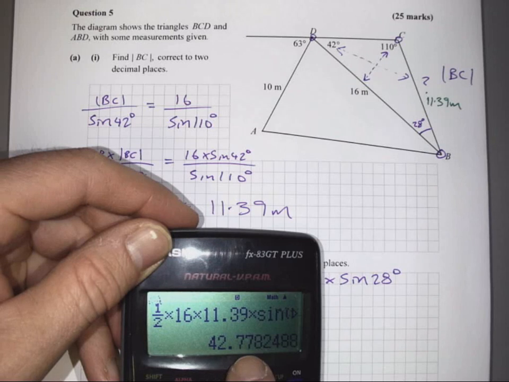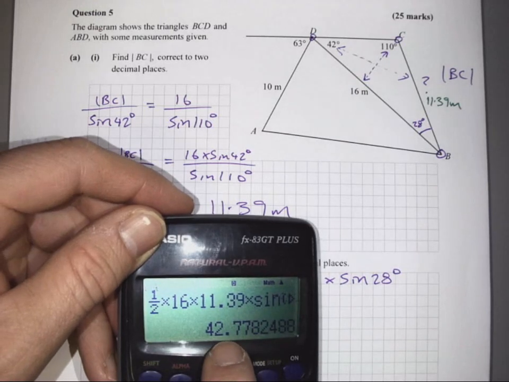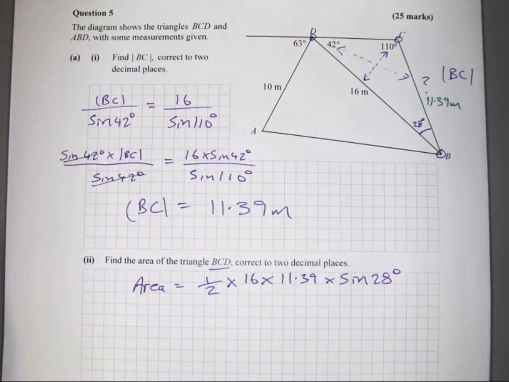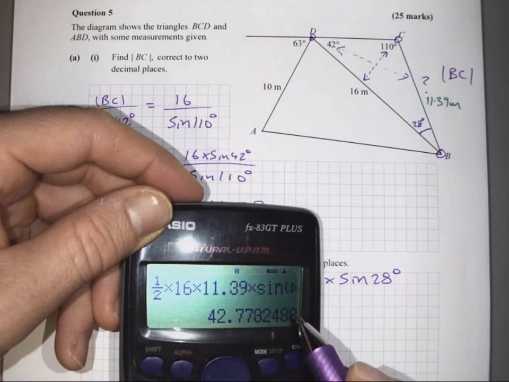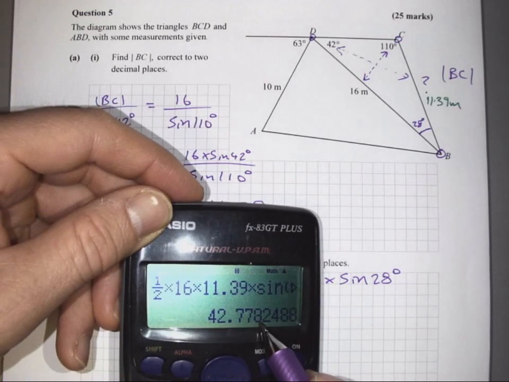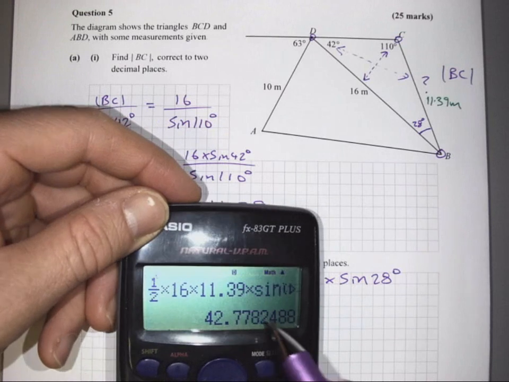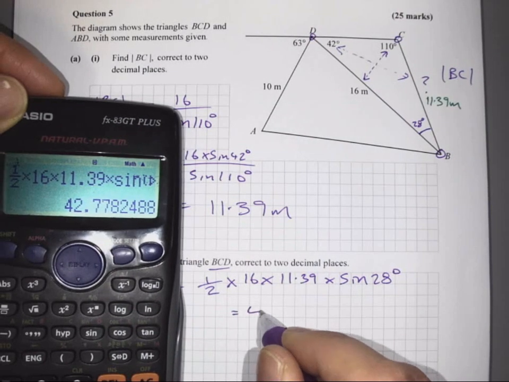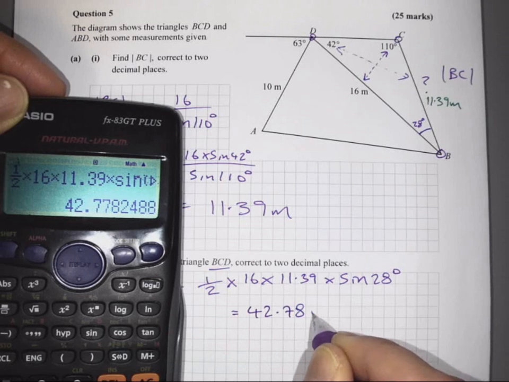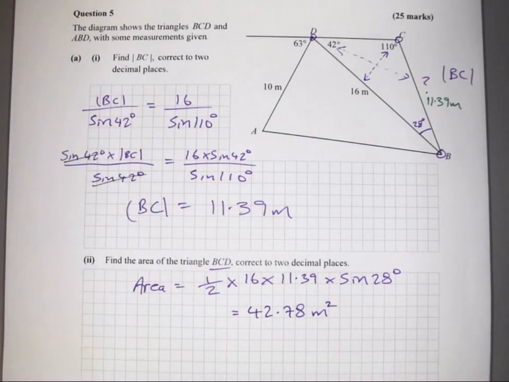And that's our area in meters squared, 42.78. Let's go to 2 decimal places, that's what they're asking for there. Because this 8 is 5 or greater, it causes this 7 to go up 1. So we get 42.78 meters squared. That's the area.